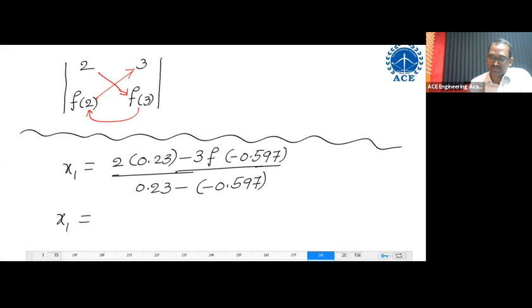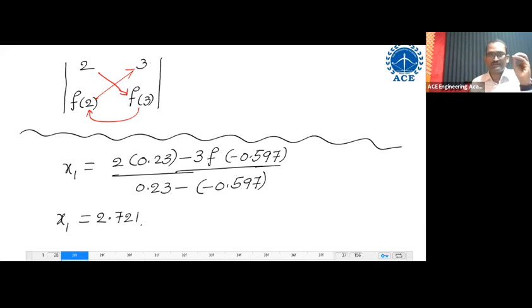Different answers you are giving. 2.72. Is it correct? 2.721. Fine. And immediately find out f of 2.721.